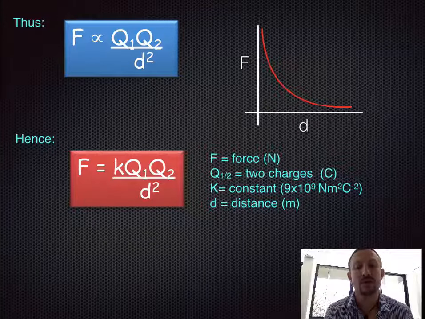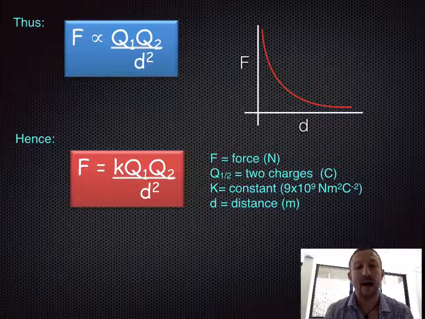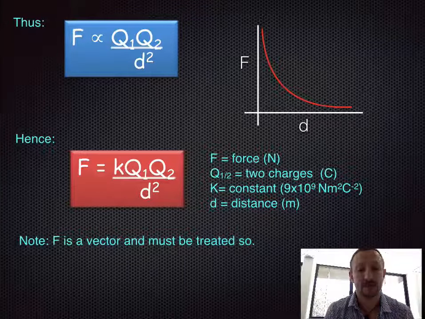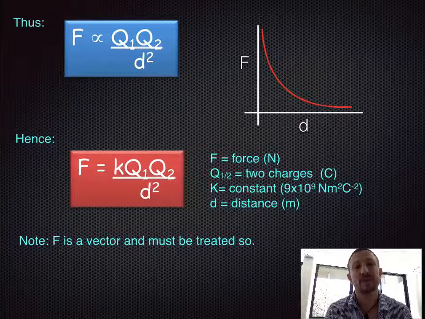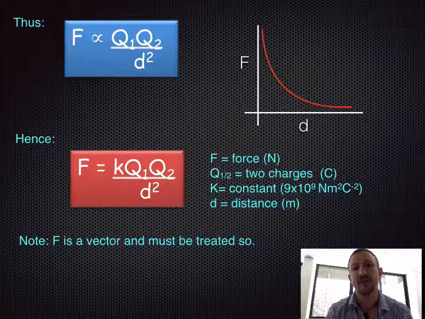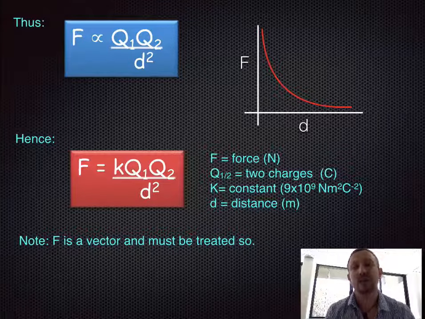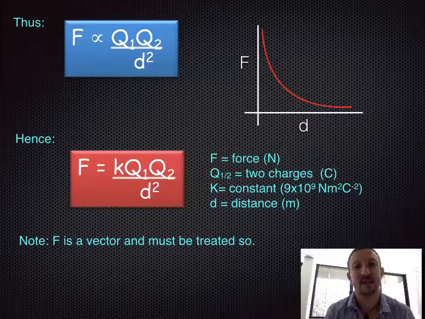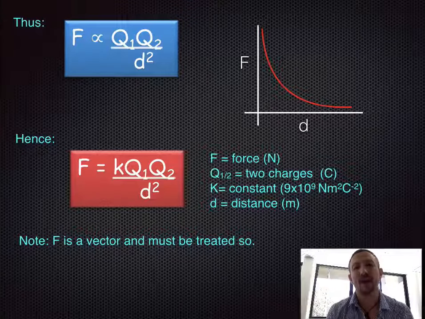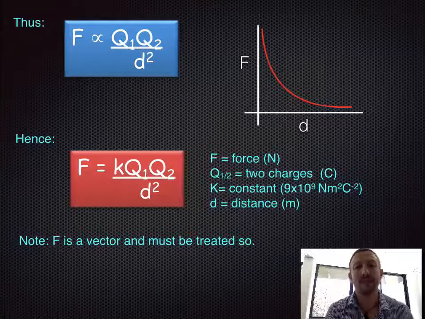Basically, force is going to be measured in newtons, charge is in coulombs, and the distance is measured in meters. Note that the force in this scenario is a vector, so direction can be important, and you'll see as you follow through on the activities in this post, I put up an exemplary video which shows you where we've got force acting as a vector, but more on that later.